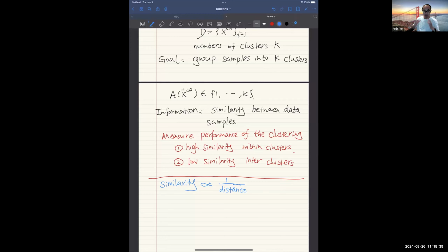If the distance is small, the similarity is high, and vice versa.